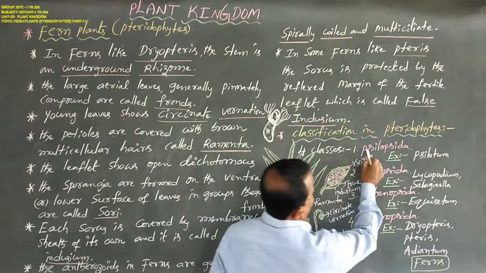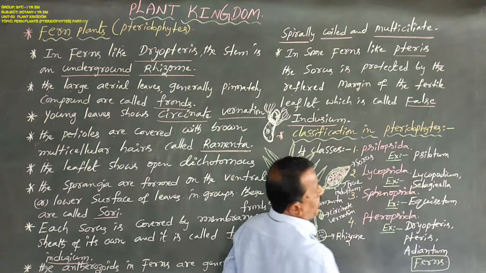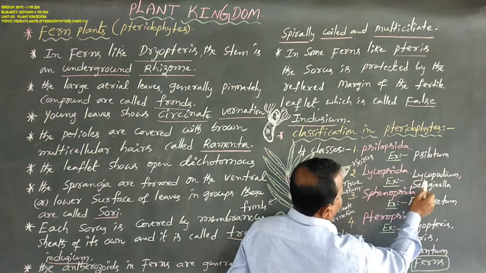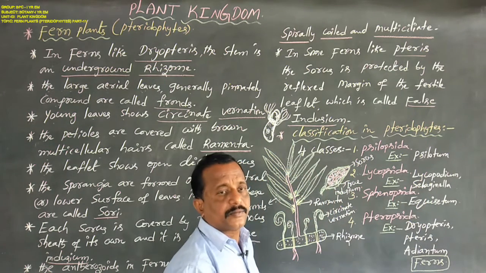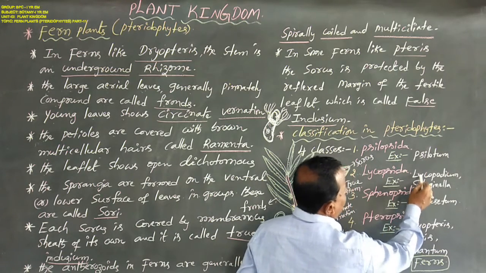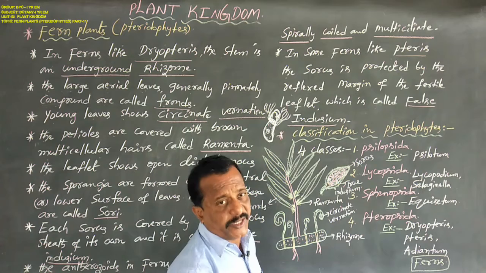Psilopsida has the example Psilotum. Lycopsida has the examples Lycopodium and Selaginella, which are commonly known as club mosses.